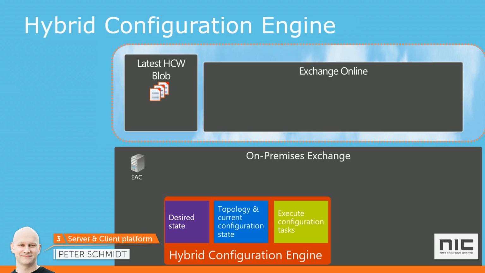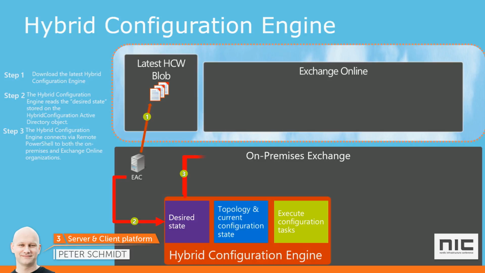If we take a look at the hybrid configuration engine here, step one is that from the Exchange admin console we start the hybrid configuration wizard. What happens is that we download the latest hybrid configuration engine from Microsoft. When that is being downloaded, it's reading the configuration within AD of our existing Exchange environment.